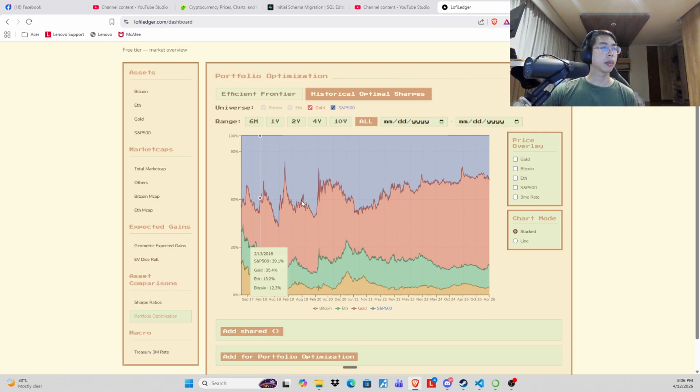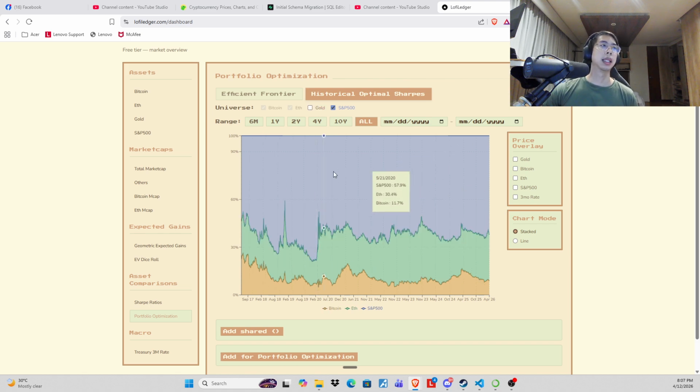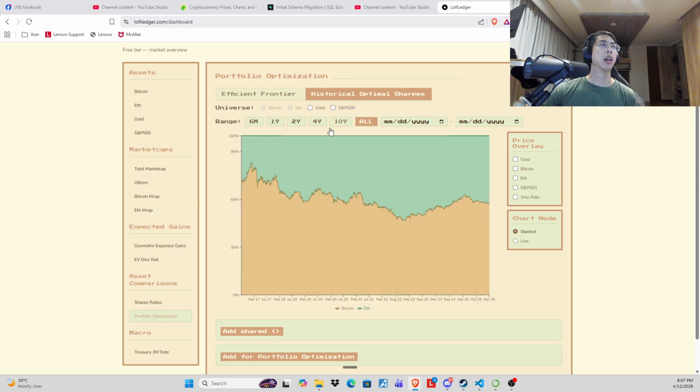So my suggestion is you could slowly scale into the assets that you want, depending on how much capital you have, but also take into account that certain assets might be overvalued. So if you think it's not the time to buy gold, for example, I don't have any gold right now, but I do want to scale into gold. But since I don't think it's the time to buy gold right now, I'm just looking at rebalancing based on these.